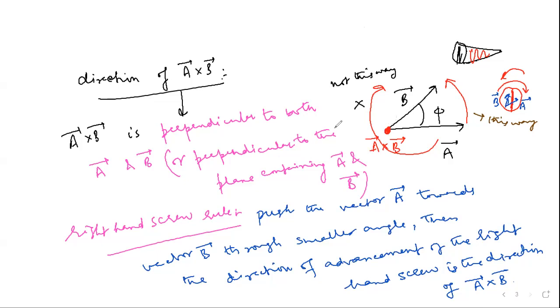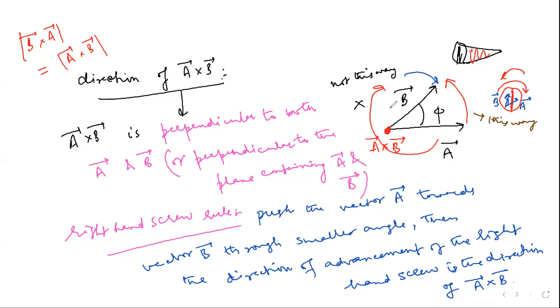Now, if I have to find B cross A, try to understand it. Its magnitude will be the same as the magnitude of the A cross B vector. But what about direction? To find the direction of B cross A, you have to push B towards A through the smaller angle. So when you push B towards A through the smaller angle, the right hand screw will move into the board.